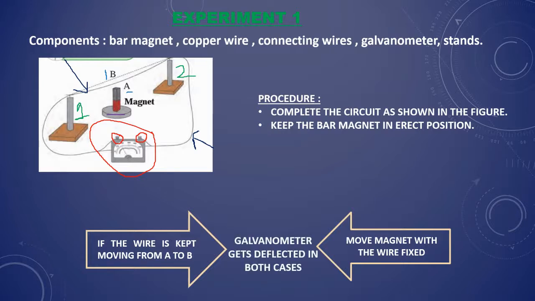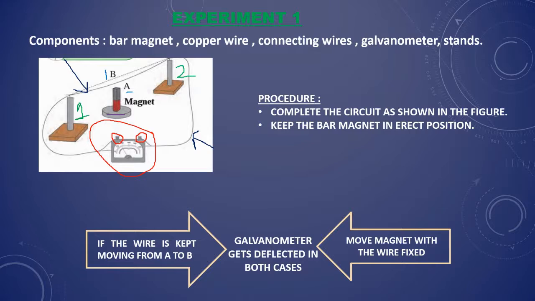The pointer in the galvanometer gets deflected in both these cases. We can see the pointer on this galvanometer, it's very light, so it gets deflected on either side of 0 in both cases.